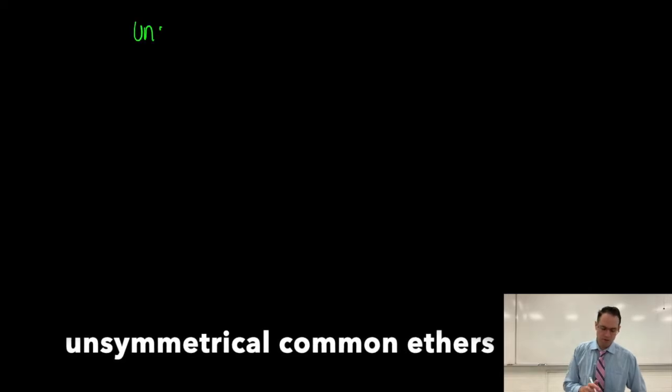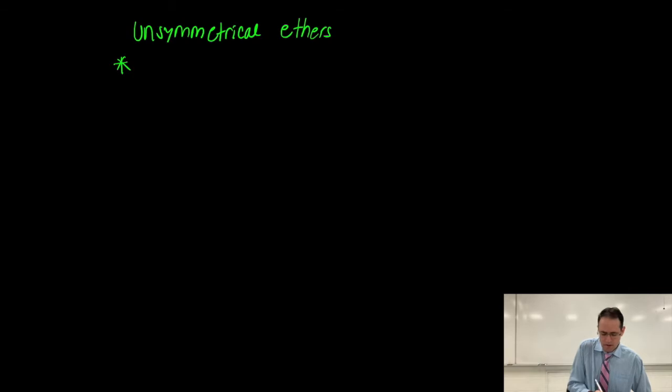Now let me introduce you to some unsymmetrical ethers. The only thing you need to watch out for here is that you need to alphabetize the groups. So if you have an ethyl and a methyl, you're going to name ethyl first because E comes before M in the alphabet.